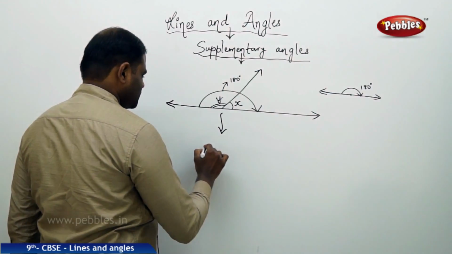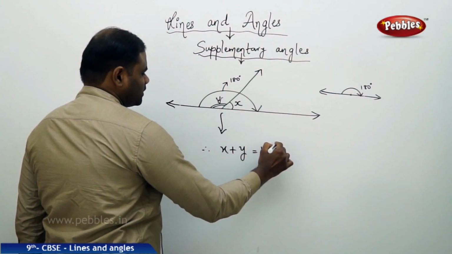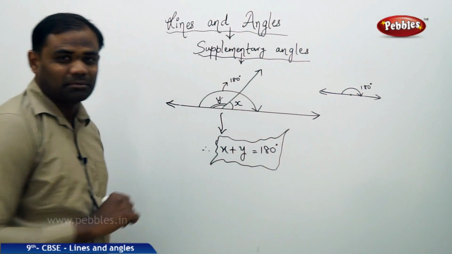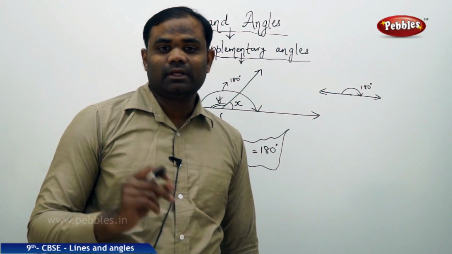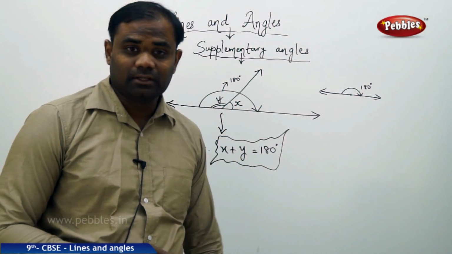Therefore, as seen from the diagram, x plus y is 180, and we have the property that if the sum of the angles is equal to 180 degrees, then the two angles are called supplementary angles.